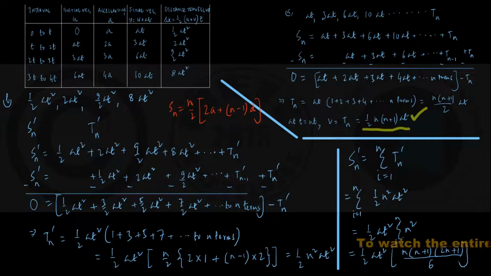Just check this one. So once we have got this Sn dash to be this quantity, let me write my result somewhere clearly.